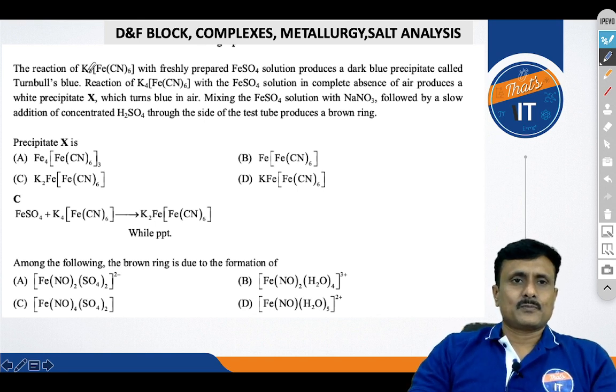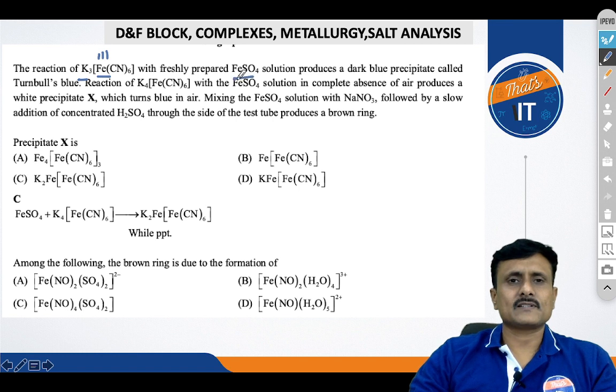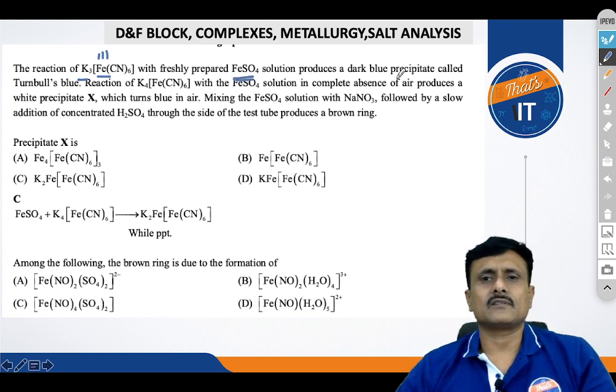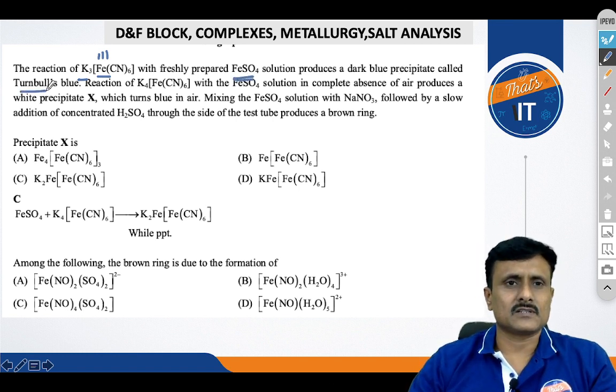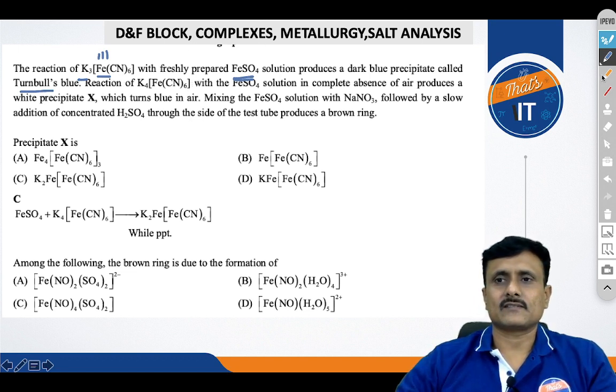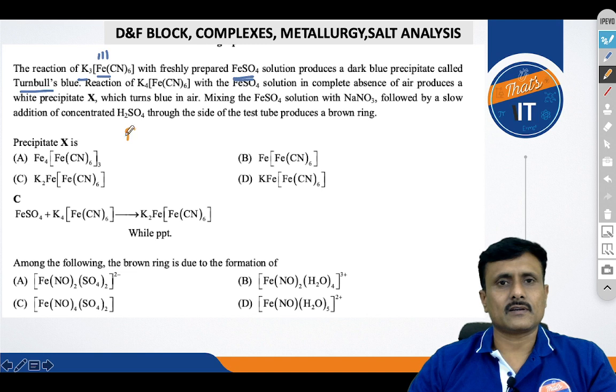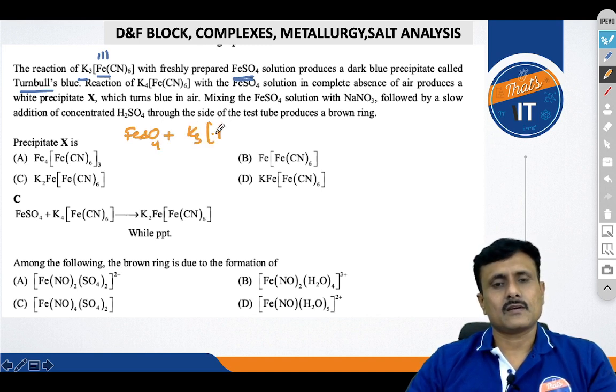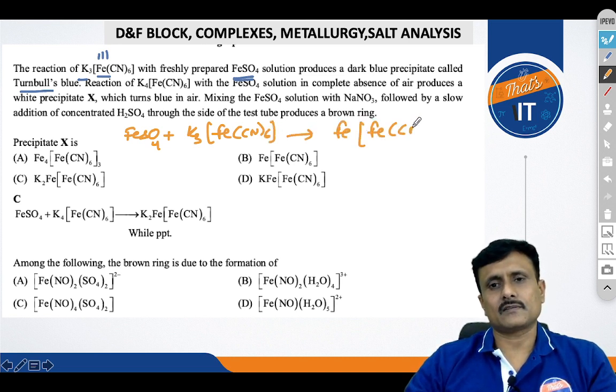The reaction of potassium ferricyanide with freshly prepared FeSO4 solution gives rise to Turnbull's blue. Alright, you know that reaction, isn't it? Very popular reaction, like FeSO4 plus K3[Fe(CN)6] gives rise to Fe3[Fe(CN)6]2.